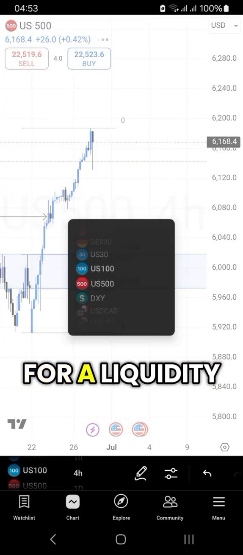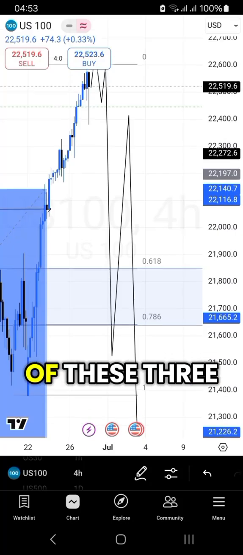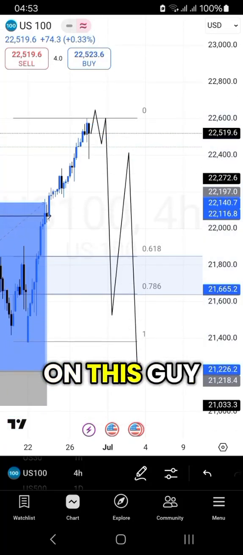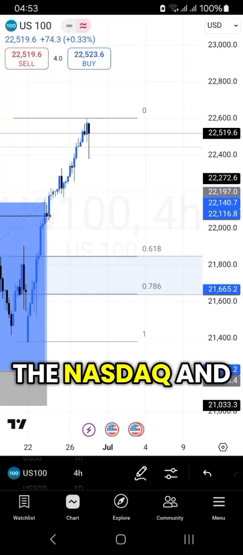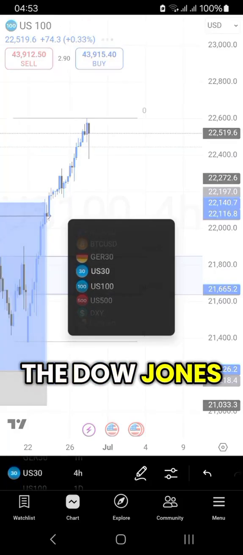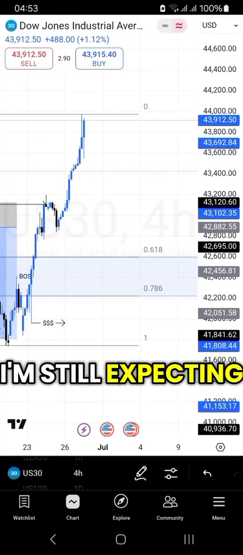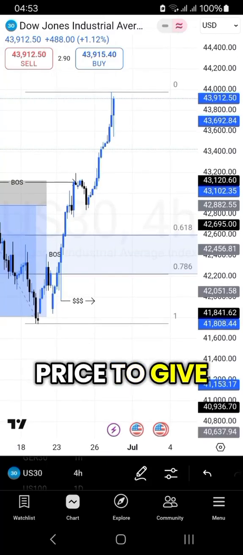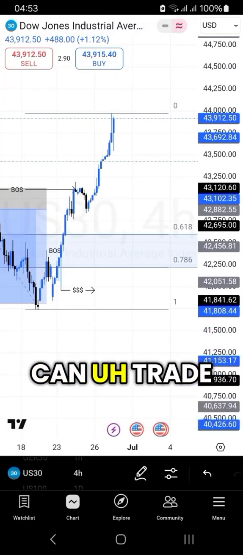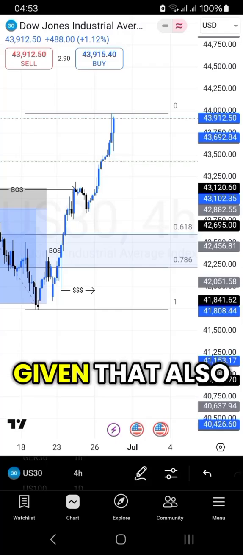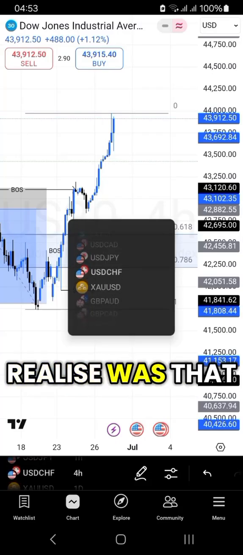I'm still waiting for a liquidity sweep on all of these three: the S&P, the Nasdaq and the Dow Jones. I'm still expecting price to give me reversal patterns, and then we can trade.